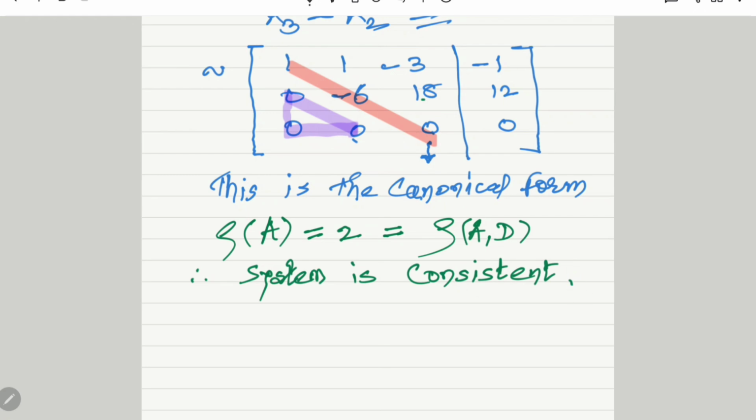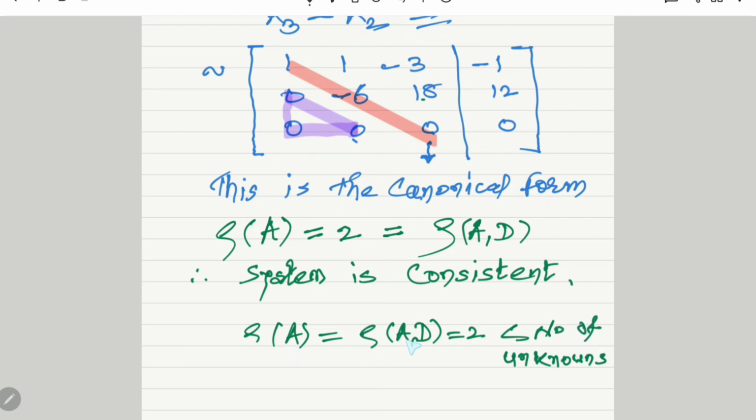Here, the given system is consistent. Consistent means solution exists. Either it may be a unique solution or infinite number of solutions. And to decide it as per the conditions, here ranks are equal, but it is less than... ranks are equal and equal to 2, but it is not equal to number of unknowns.